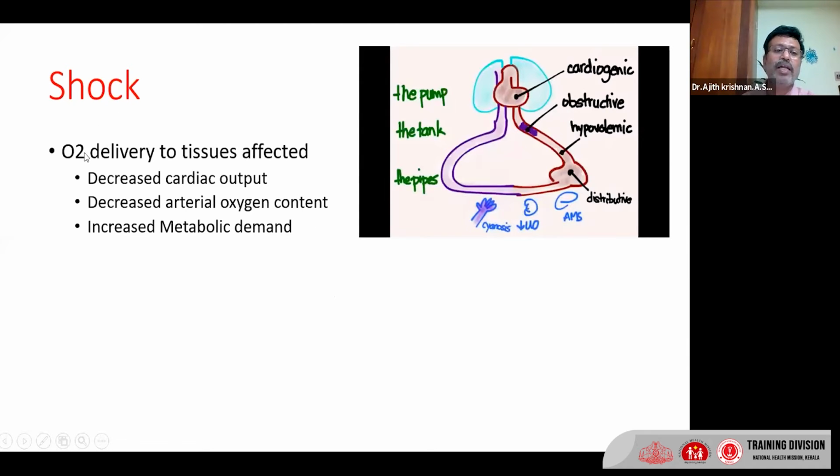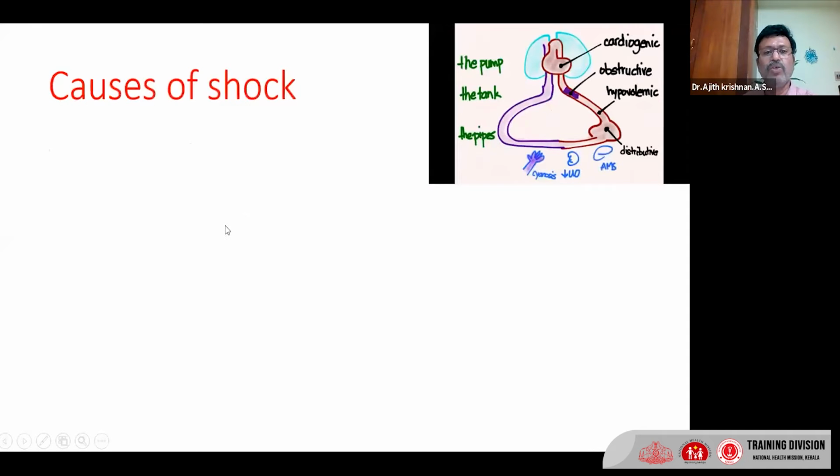In shock, oxygen delivery to the tissues is affected. It can be due to decreased cardiac output, decreased arterial oxygen content, or increased metabolic demand. You have to know the cause of shock, because only by knowing the cause can you treat it and stabilize the patient.